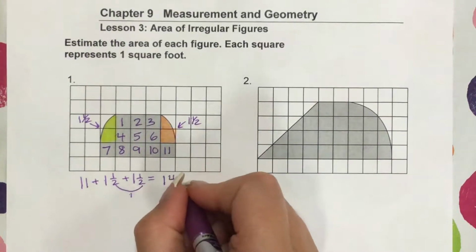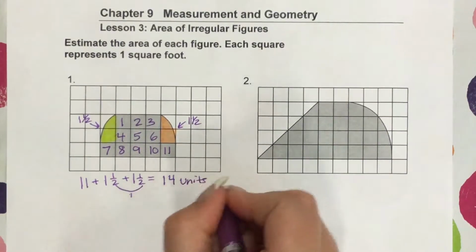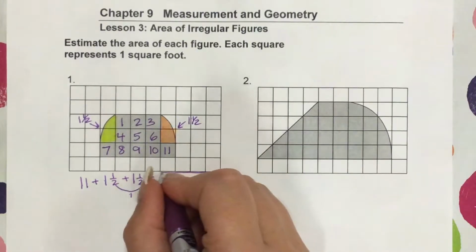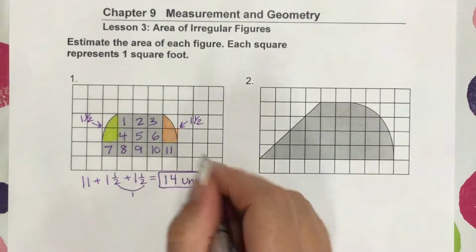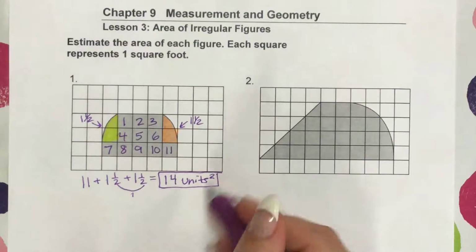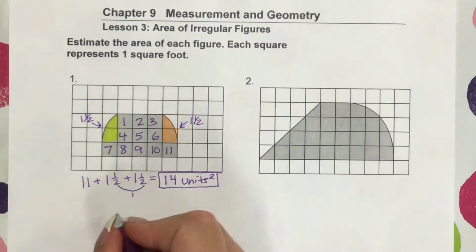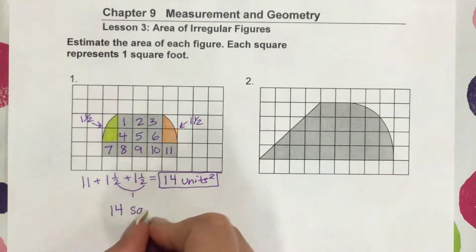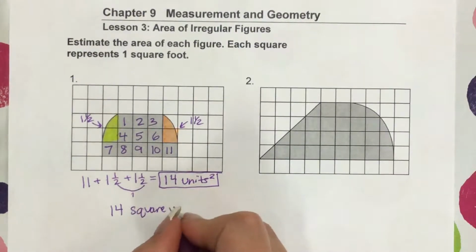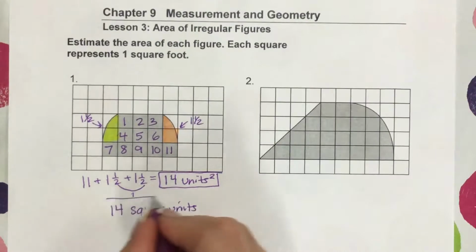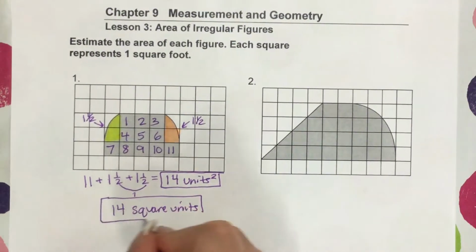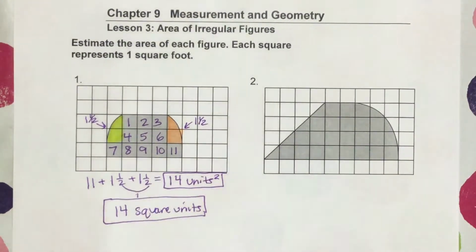So we're going to call it 14 units squared. Whenever you talk about the grid and there's just these squares, you label it as units squared. Or sometimes you'll see it as 14 square units. They mean the same thing, just writing it all the way out.